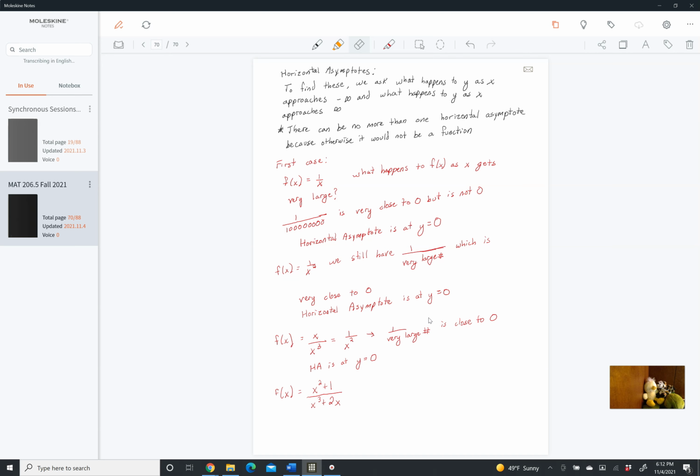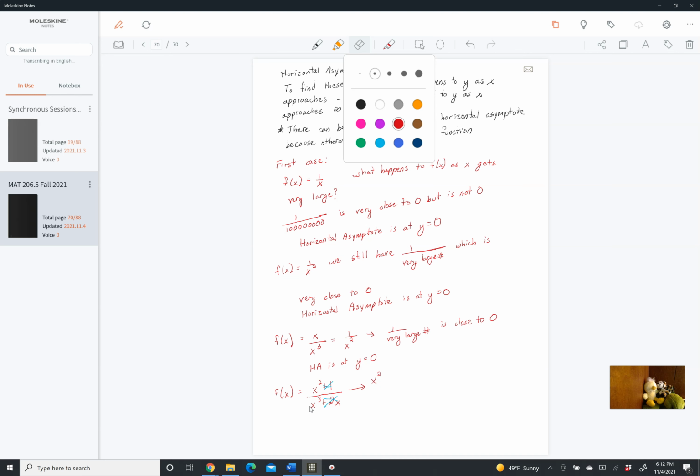It's still not making such a big difference in his bank account. So what we can actually say is, let's ignore this, because it's not actually doing much. So this x squared plus 1 over x cubed is essentially the same as, it's not equal.